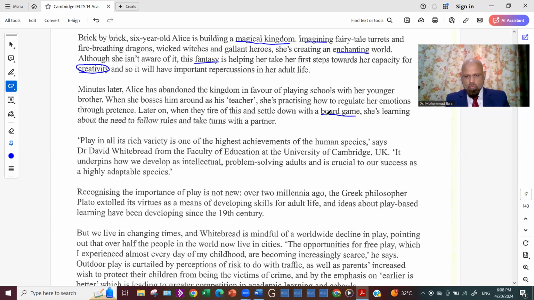So she's learning something about the need to follow the rules. Okay, we have got another, take turns. Taking turns is already there in the question. So follow rules. So we have to supply just one word, right? So follow what? So we have to put rules. That's number 2.